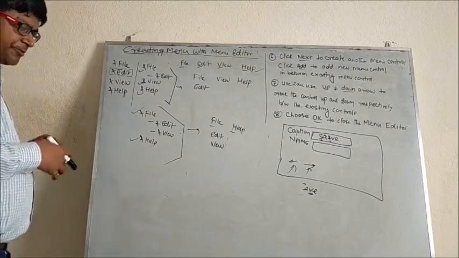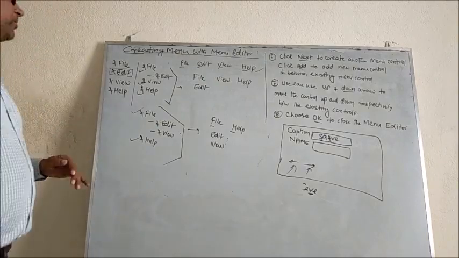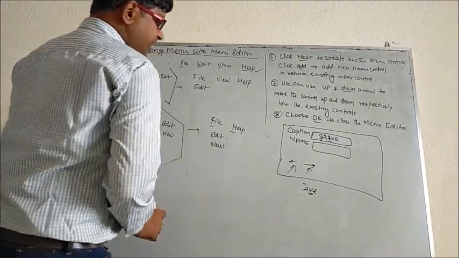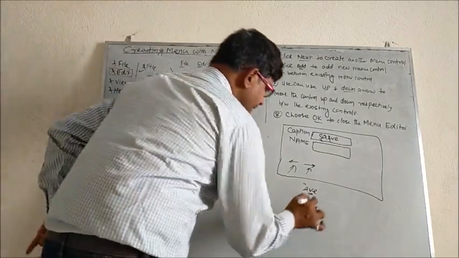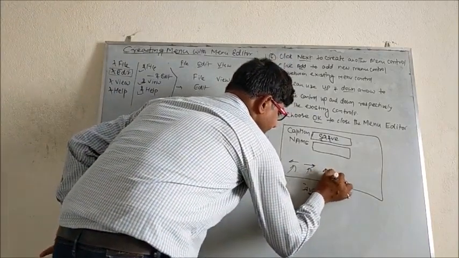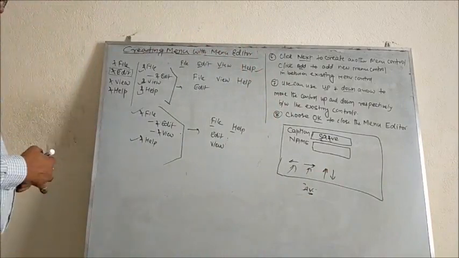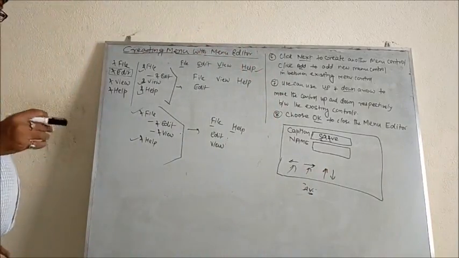I'm sure you will be able to understand these arrows very clearly. There are 2 more arrows, that is up arrow and down arrow, that I am going to explain very soon in the 7th part, right? Okay.